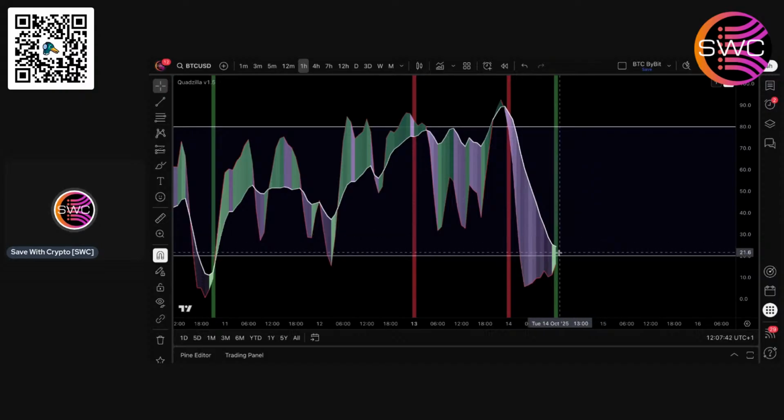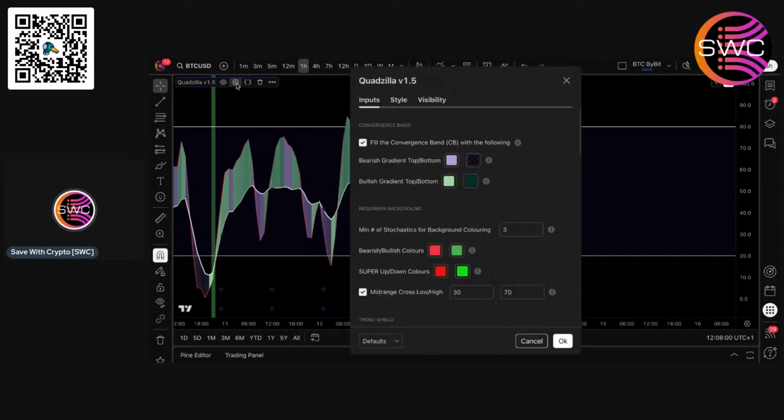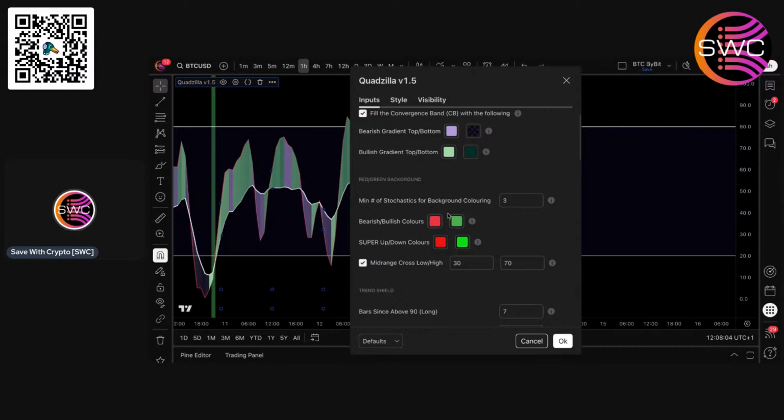Now you get this green background condition when, I can't remember exactly now, I think it's when you've got 2 or more of the stochastics pointing upwards. In fact, I think Maff's done such a brilliant job on the notes in this. If you go to the settings of the indicator, and what we're looking for there, yeah, okay.